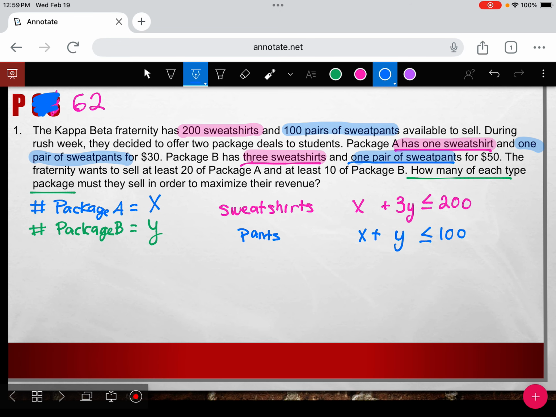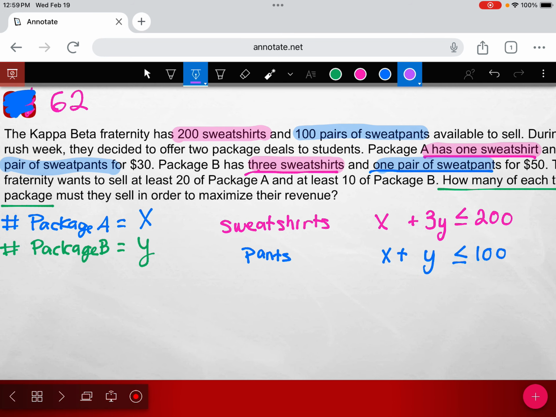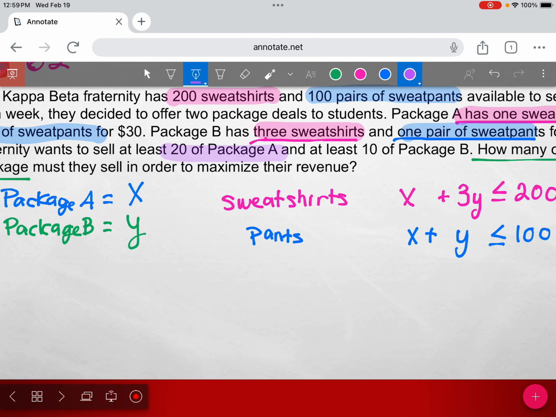What else do we have in this story? We have the price. We've got to get rid of some of this stuff. We need to sell at least that many. So if I need to sell at least 20, what does that tell me about the number of package A's that we need to sell?